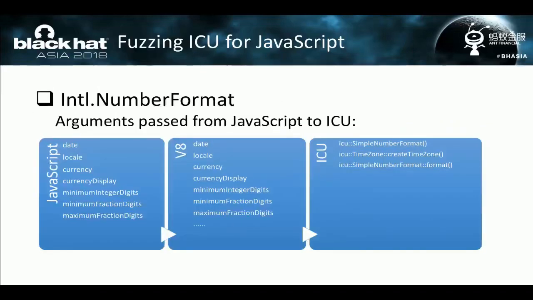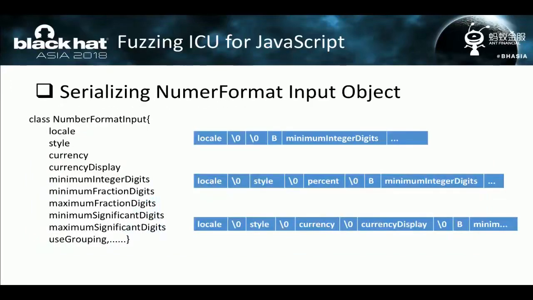But the number format is more complicated. There are many arguments passed to ICU. So the input arguments object is very big, and there are many branches.